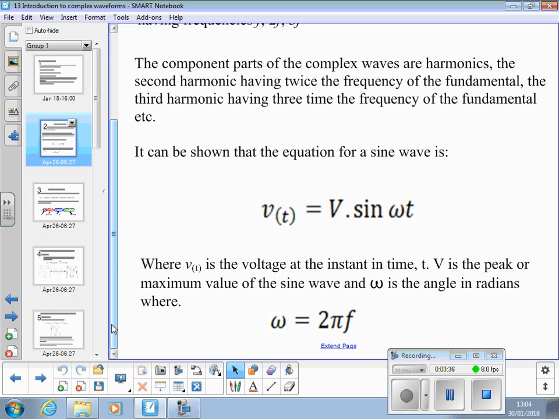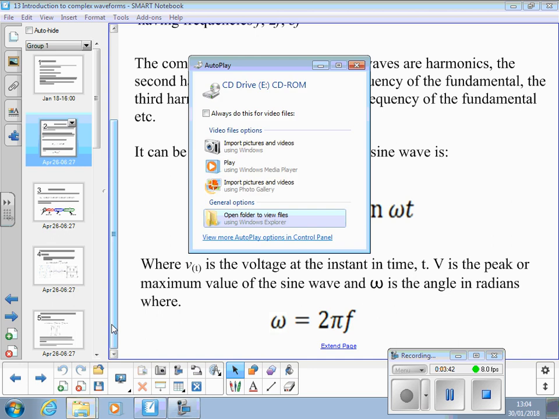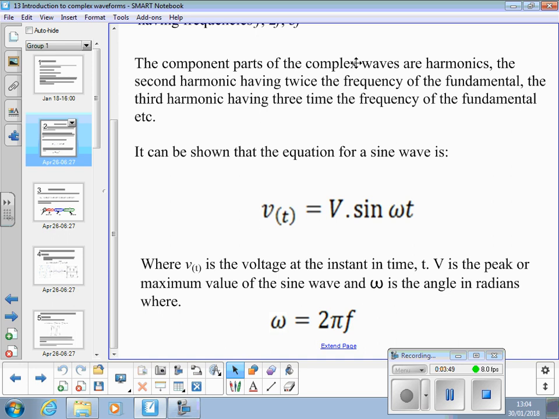Omega is the angular velocity in radians per second, and it comes from the calculation 2 pi times f. Okay? So we're going to be looking at the way we can add several of those together with different frequencies into a complex waveform, and then considering what that means for a circuit that's being supplied by a complex waveform, maybe intentionally, maybe with unintentionally unwanted harmonics.